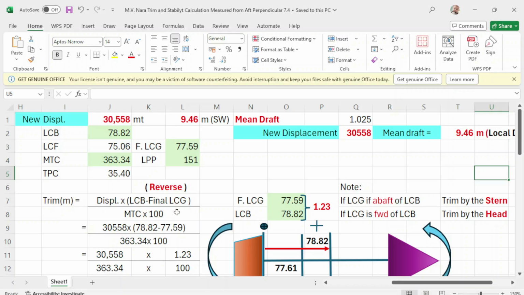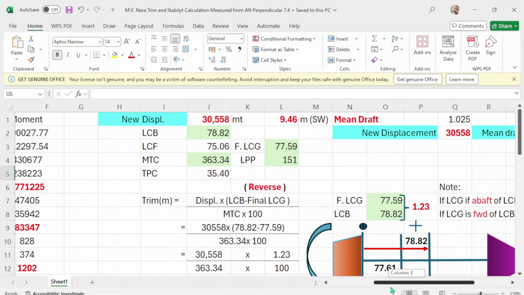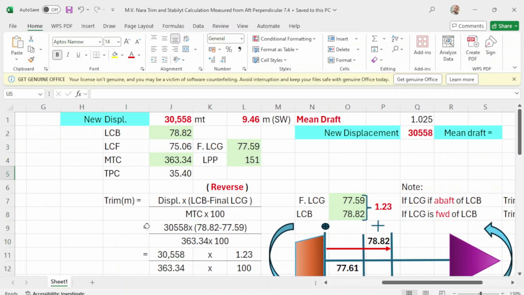Okay, so to make things clear, for example, this is LCB. What is your LCB? It is 78.82.